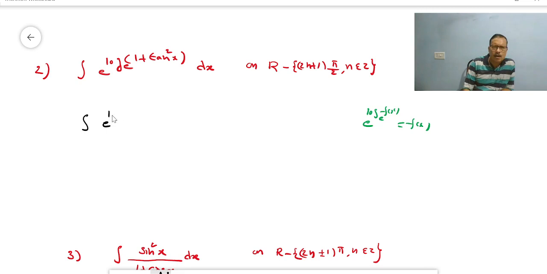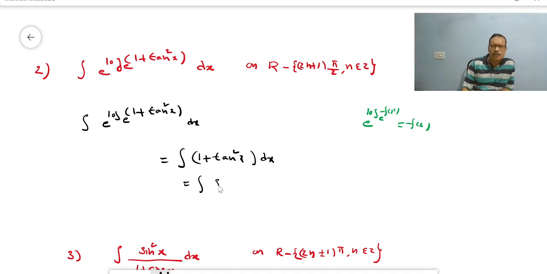So integral of e to the power log of (1 + tan² x) to the base e dx. By this formula, what is f(x) here? 1 + tan² x. So that's equal to 1 + tan² x, which is equal to secant² x.